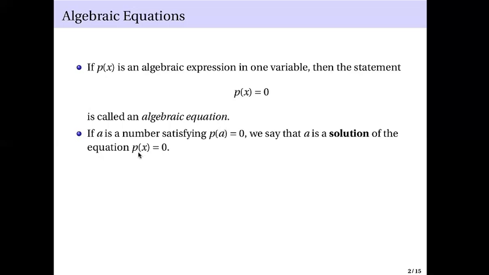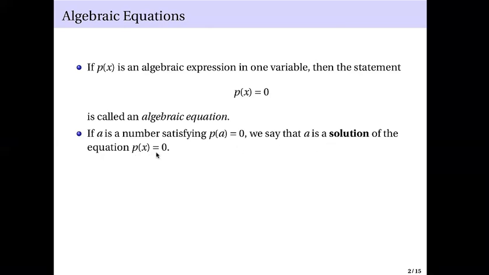So again, in this equation, x is a variable. It can take any number. But if you found a number such that when you plug it in, meaning you replace x with that number, the equality holds, then the number that you got is a solution to the equation.